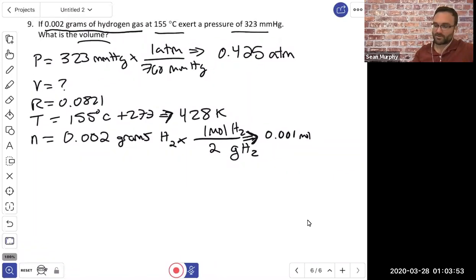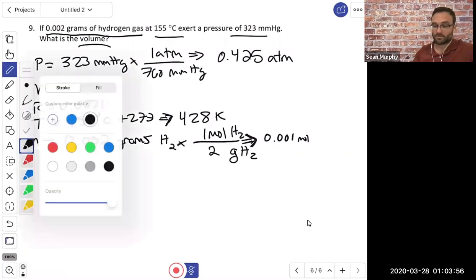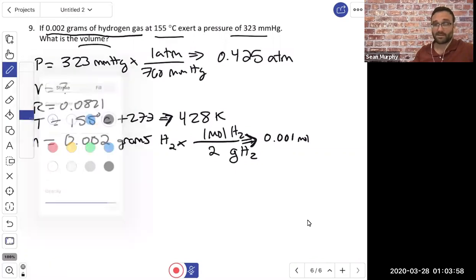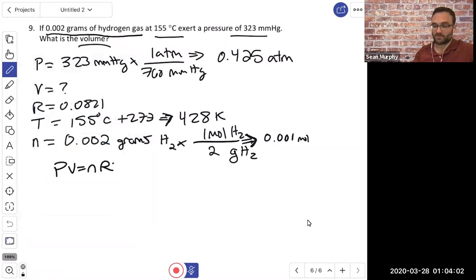Do we have pressure in atmospheres that match the R gas constant? Check. Is our volume, oh, that's what we're solving for. Temperature in Kelvin, check. Is n in moles and not grams? Check. So let's rearrange the formula for nRT over P.